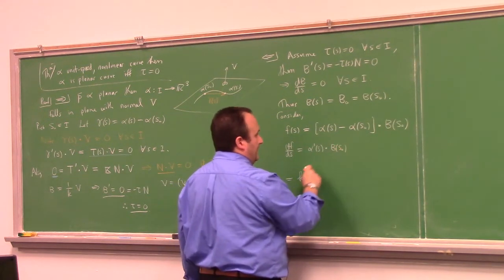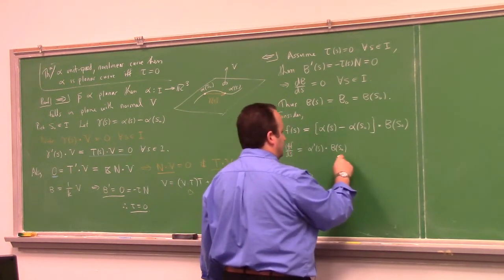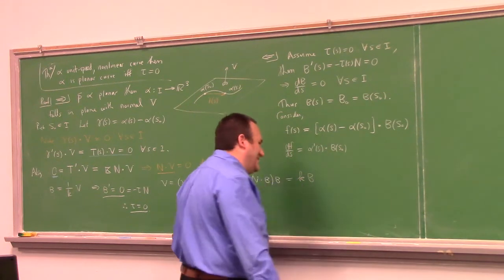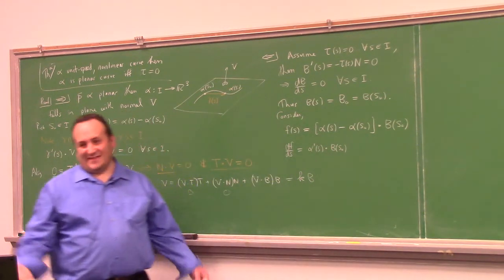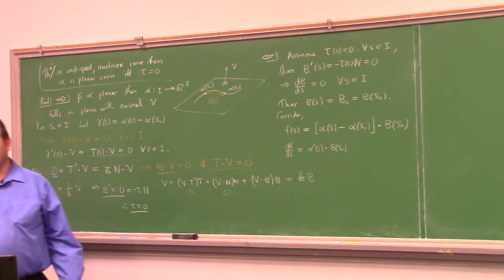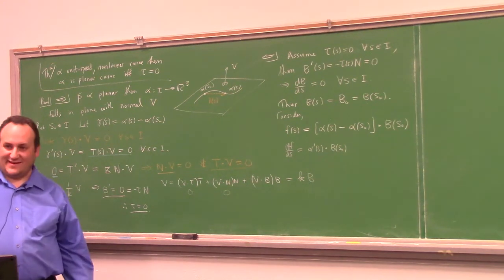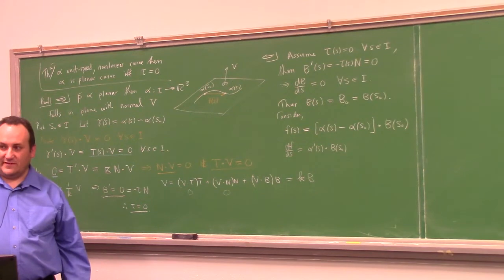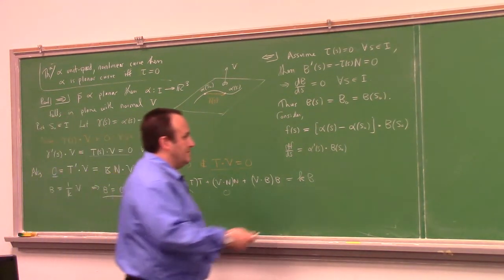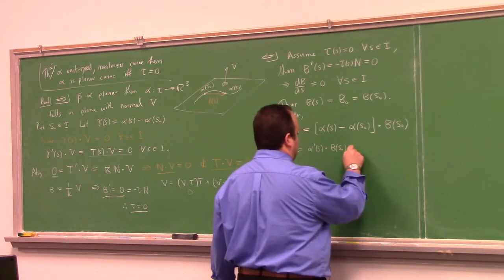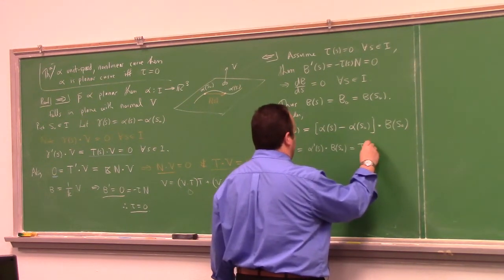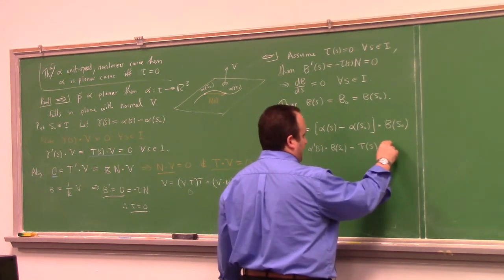When you differentiate that, that's what you get, because alpha of s naught is a constant. B of s naught is a constant. But that's exactly t, that's t of s dot b of s naught.